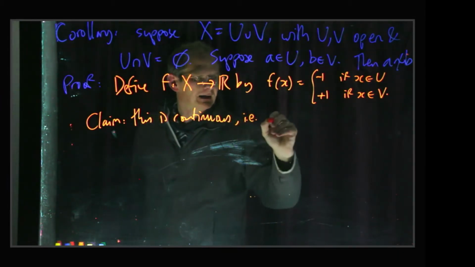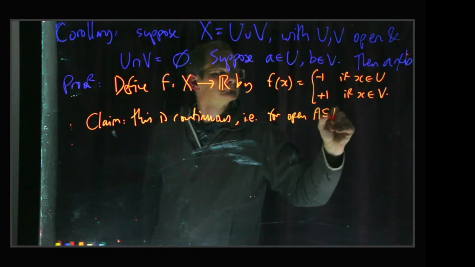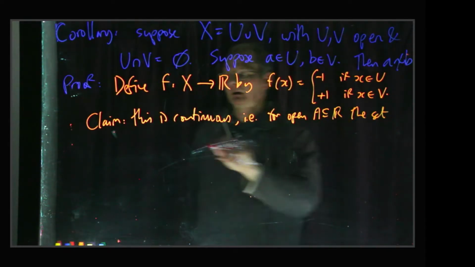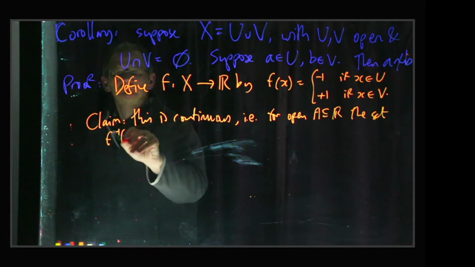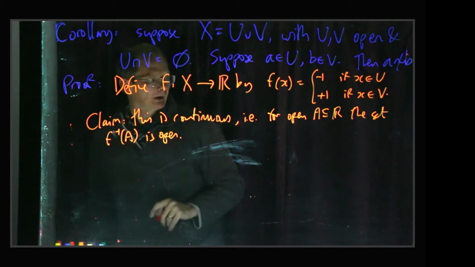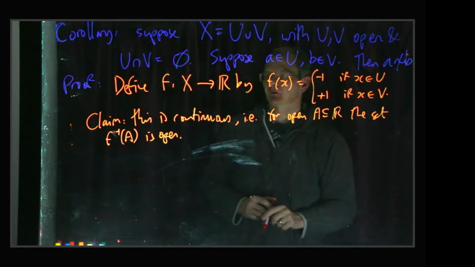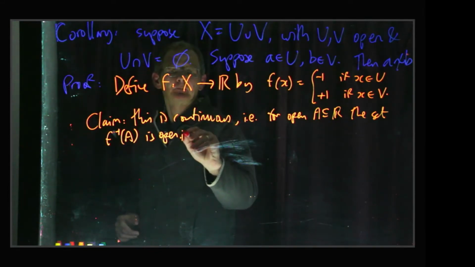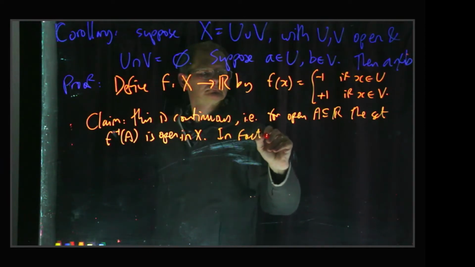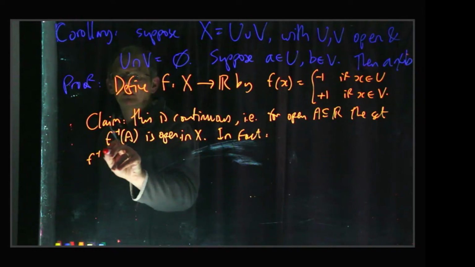And remember what that means. In other words, the pre-image of any open subset A of the reals is going to be open in X. But it's easy to see what f inverse A is.